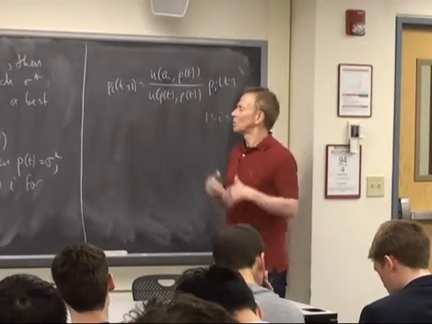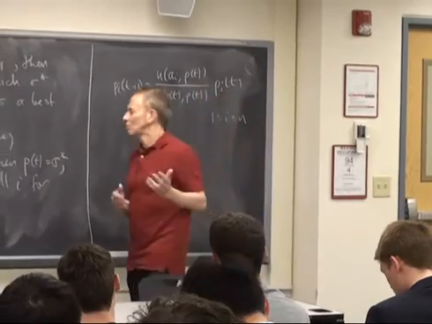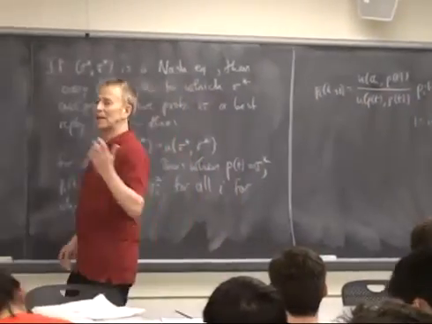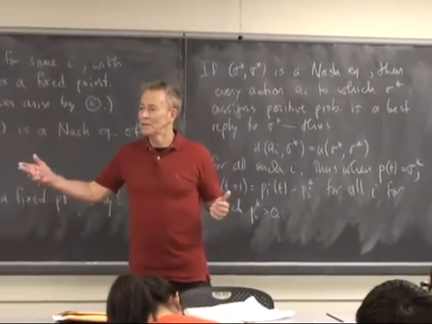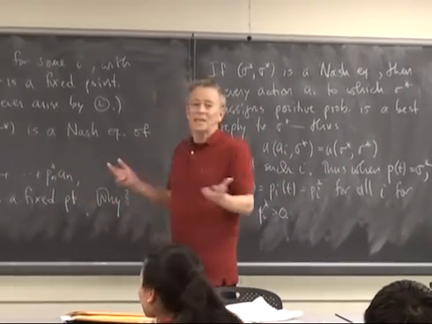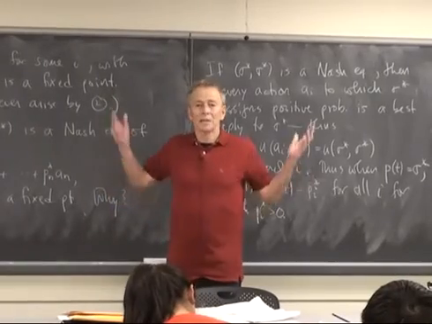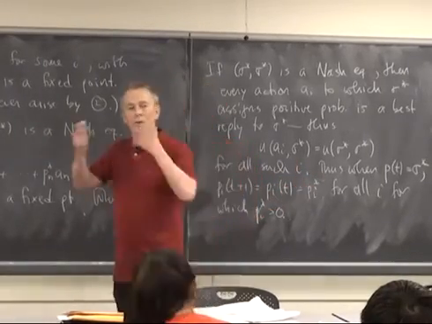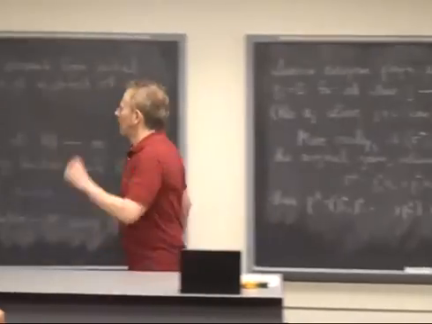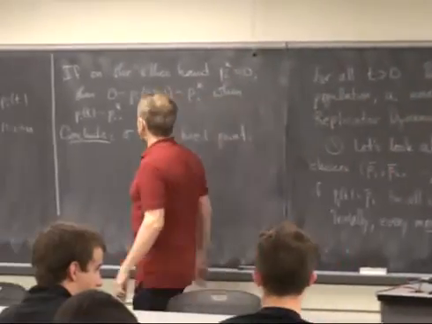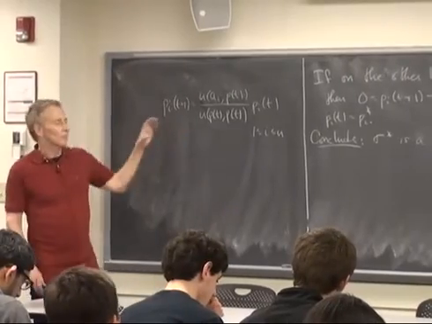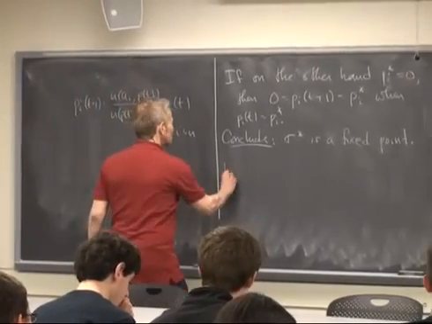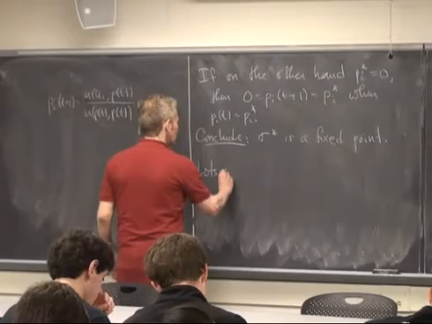And so people started going around saying, okay, well, what if the Nash equilibrium is, say, trembling hand perfect? Is it a stable fixed point? What if it's not? Is it an unstable fixed point? What if it's an ESS? What if sigma star is an ESS? Is it a stable fixed point? So all this kind of work has been going on, connecting all those equilibrium refinements to fixed point theory for difference equations. So there's lots of work, and we're not going to go over most of that.